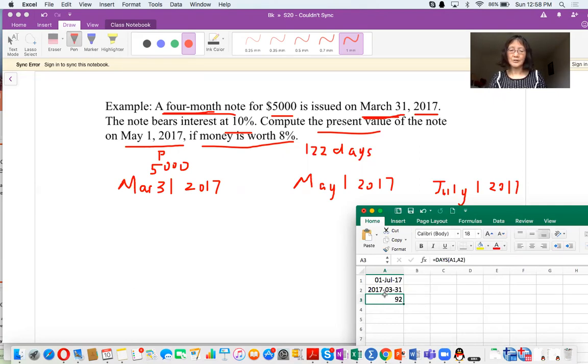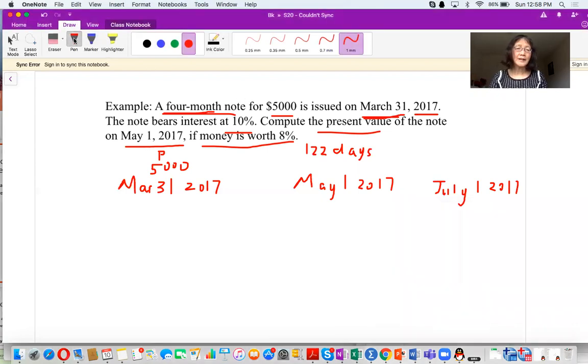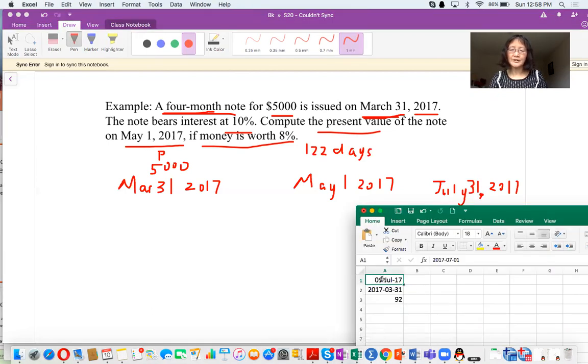That is correct for July 1st, but the question says 4 months from March 31st, and after 4 months it is July 31st. So I made a mistake here: July 31st, not July 1st. I go back to Excel and change July 1st to July 31st. I should get 122 days. Okay, 122 days between those two dates.